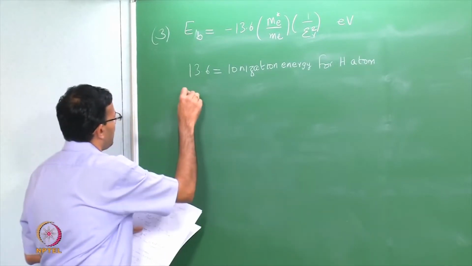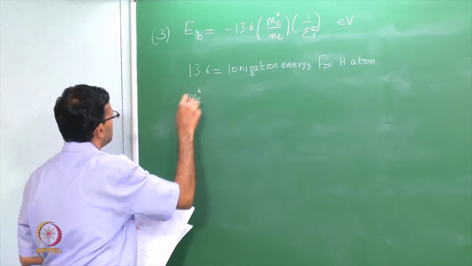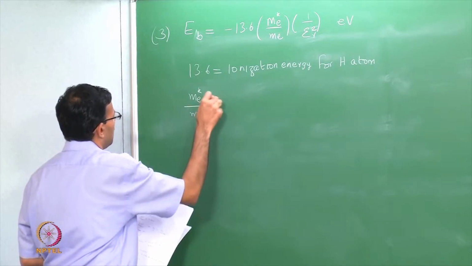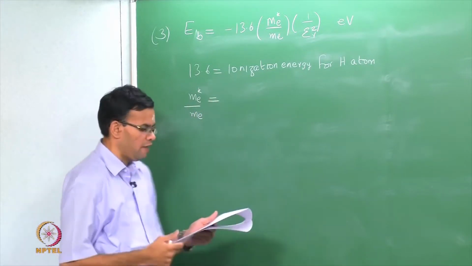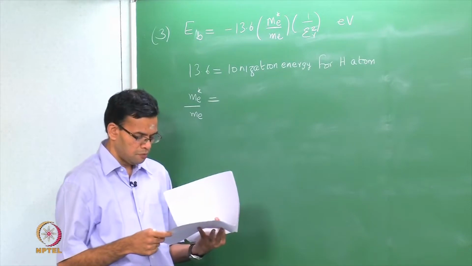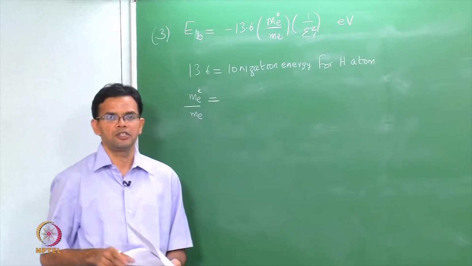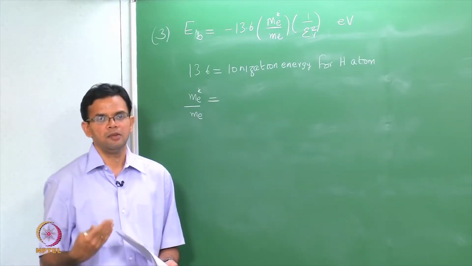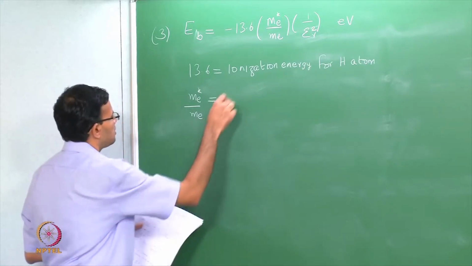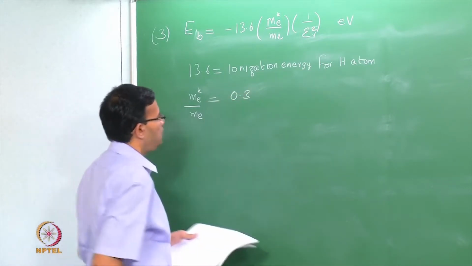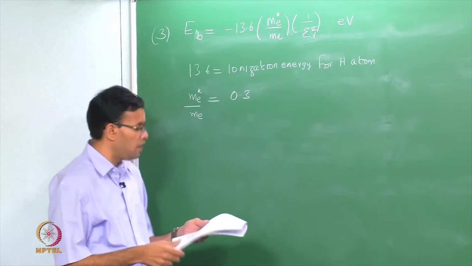Me star over Me is nothing but the electron effective mass. In this particular problem, it says the electron effective mass is 30% of the free electron mass. So, Me star over Me is 0.3.